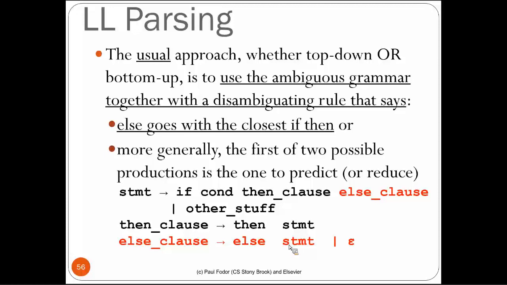So the most general way is to write the first grammar that we had, which would be ambiguous in the most general case, but the usual approach is to just take the first parse tree and prune any other possible production that you can have.